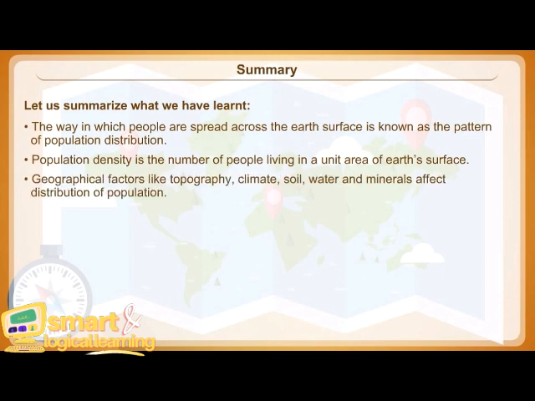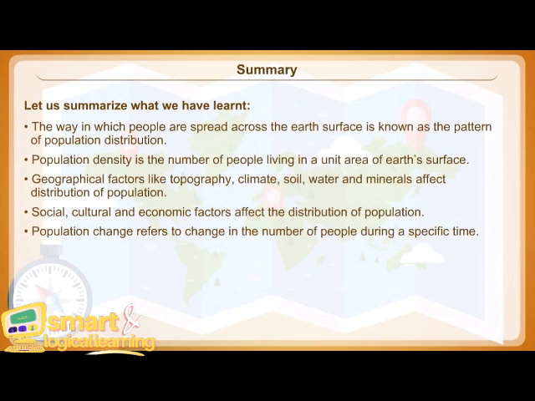Geographical factors like topography, climate, soil, water, and minerals affect distribution of population. Social, cultural, and economic factors also affect the distribution of population. Population change refers to change in the number of people during a specific time. Migration is the movement of people in and out of an area.